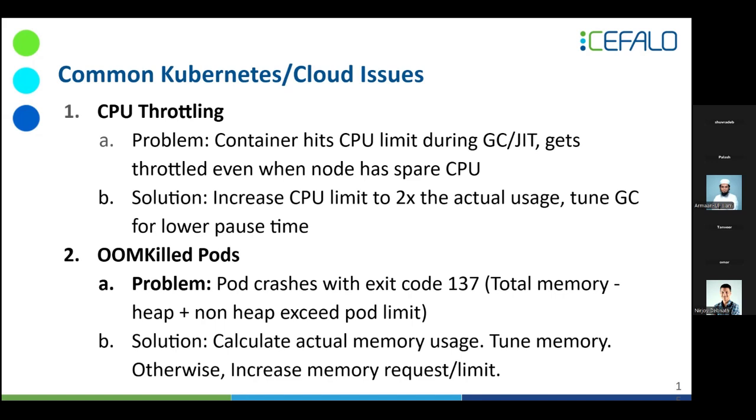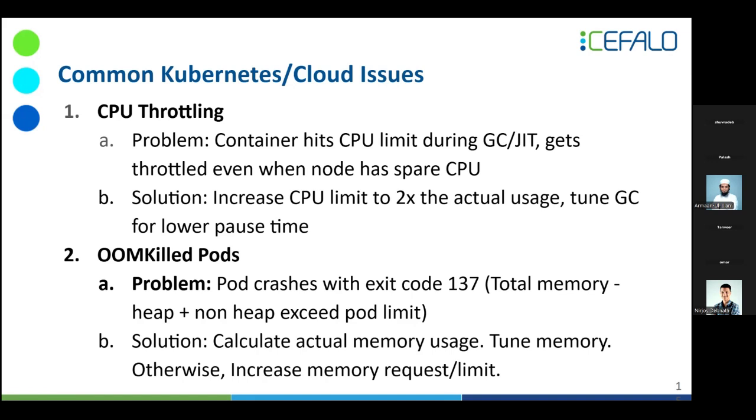If we provide a low limit, it will cause throttling, because for JVM and Spring Boot applications, most of the classes are loaded at startup, and at that time it requires a lot of CPU. With less CPU, it will be throttled and take more time to start.